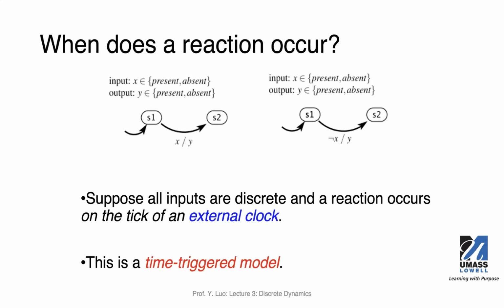You can count the elapse of time in your code and track it that way. But that's the implementation. In terms of model, a time-triggered model is appropriate for this particular lab assignment. Does that make sense? Yes. Okay.